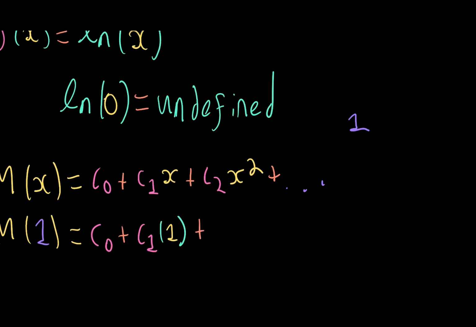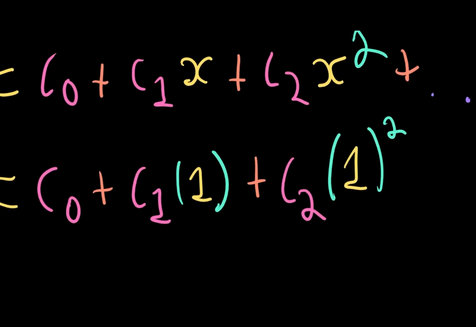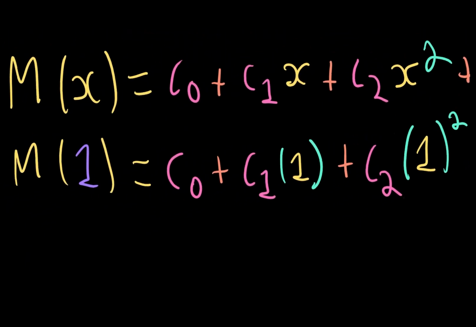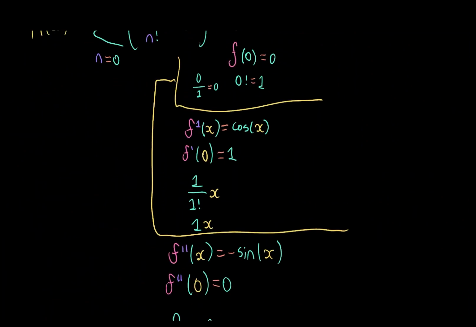Plus c2, and then that'd be bracket 1 to the power of 2. So these terms don't collapse, and these other terms here pollute. We're adding derivatives that shouldn't be there, if that makes sense, right?